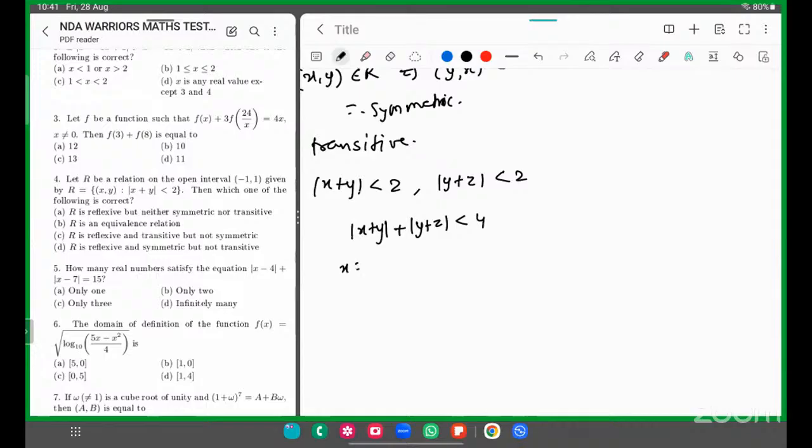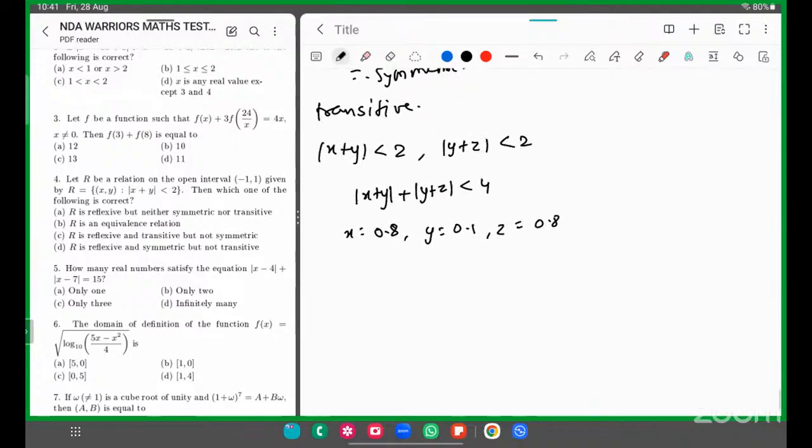Suppose I take x equal to 0.8, y equal to 0.1, and z equal to 0.8. Just check whether it is satisfying or not. Mod of x plus y means 0.8 plus 0.1, which is equal to 0.9, which is less than 2.